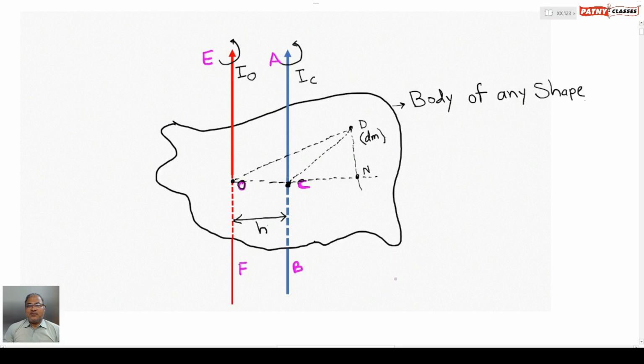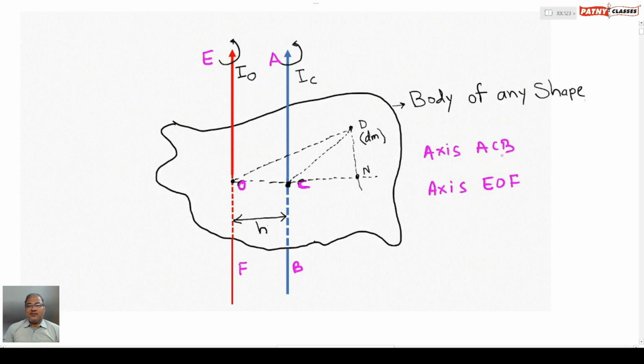So we have the axis ACB and we have axis EOF. So we have the two axes about which the body is rotating, one axis at a time. If axis ACB is present, then axis EOF is absent. If axis EOF is present, axis ACB is absent.